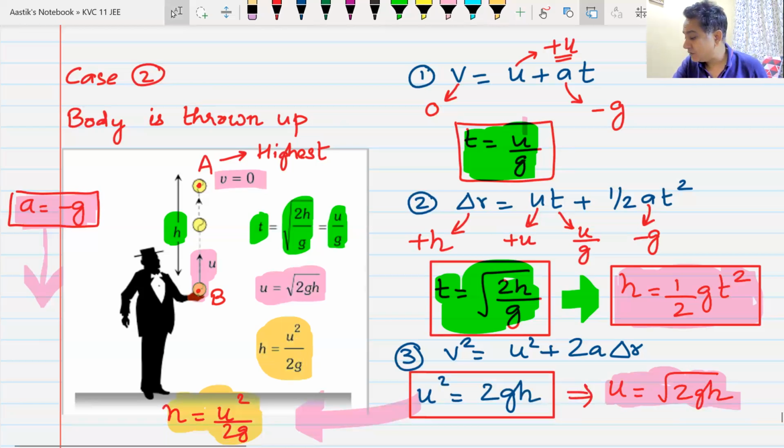I'll give you a minute to note down the formulae. Once you are done, please tell me that you are done so that I can move on with my thoughts. I'll give you 1 minute, 2 minutes. Once you are done, please let me know.